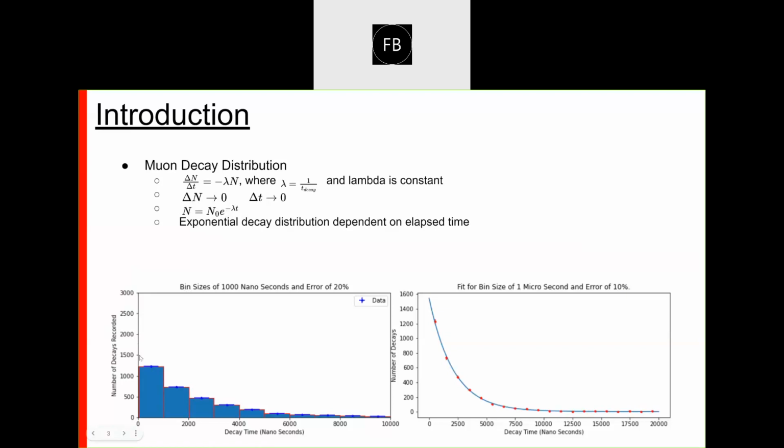So we did this by collecting the bin sizes of different permutations ranging from 0.5 microseconds to 2 microseconds, and also bin width error of 10%, 20%, and 30%. And then we fit this negative exponential decay.